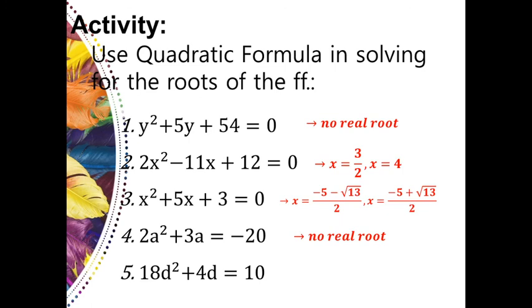Yes, just like in number 1, there is no real root. For number 5, we have, yes, we have y is equal to negative 1 minus the square root of 46 over 9 and negative 1 plus the square root of 46 over 9.